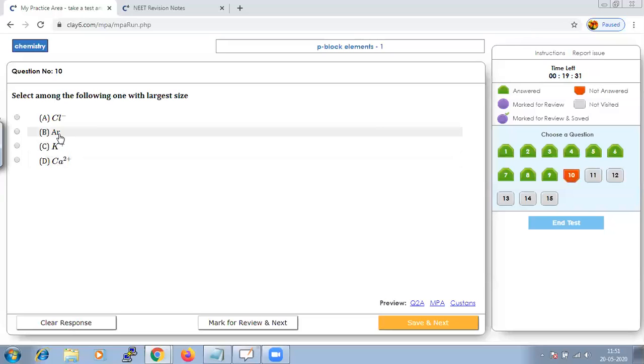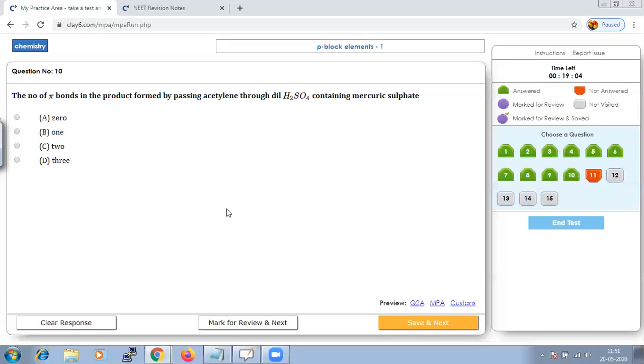The ion which has maximum positive charge has the minimum size because it has the tendency of losing electrons, and our B option is also argon, so no issues. The only element which is gaining electrons here is chlorine, hence chlorine will have the largest size. Let us save that and go to next.